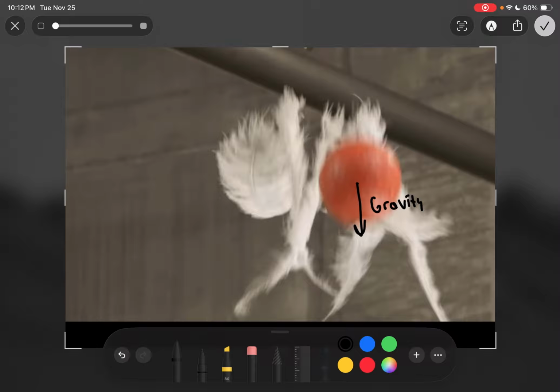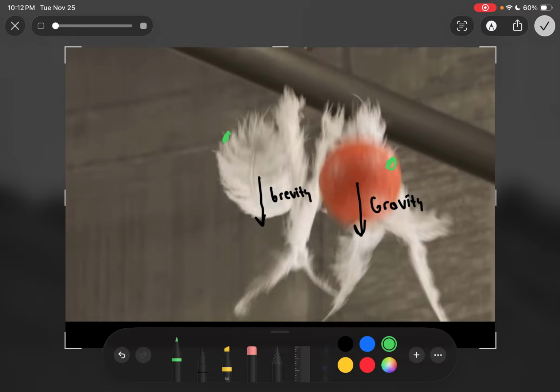But then is gravity also pulling down on the feather? Yes, of course gravity is pulling down on the feather. But then, what forces are in the opposite direction? Well, both objects have air resistance. There's air resistance for the bowling ball, and there's air resistance on the feather.